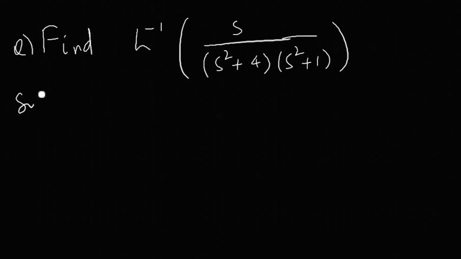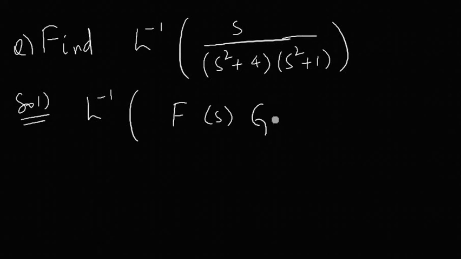I'll simply directly write in that case, L inverse of, you make it into two parts. This is f of s into g of s. You treat it as some function of s into some function of s here. So what I now do is, this s by s square plus 4 I take up as one function, and 1 by s square plus 1 as another function.